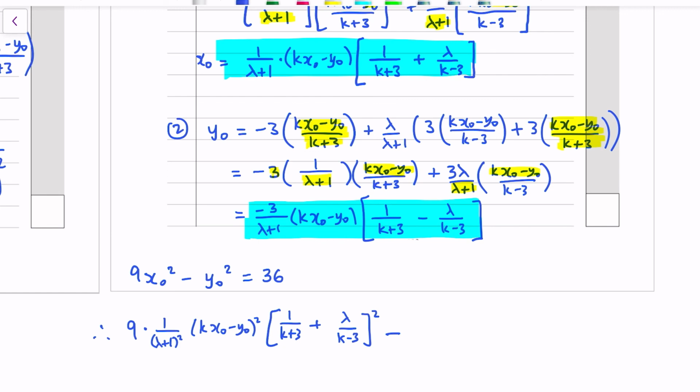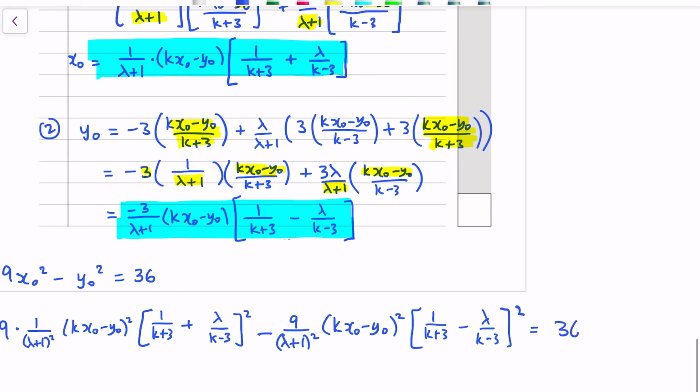Okay, so 9 over lambda plus 1 all squared, kx naught minus y naught all squared, 1 over k plus 3 minus lambda over k minus 3 squared, and that equals 36.